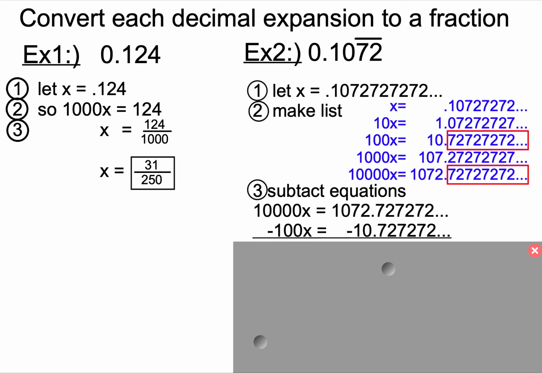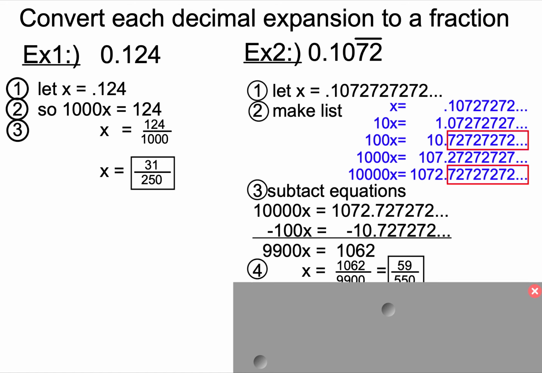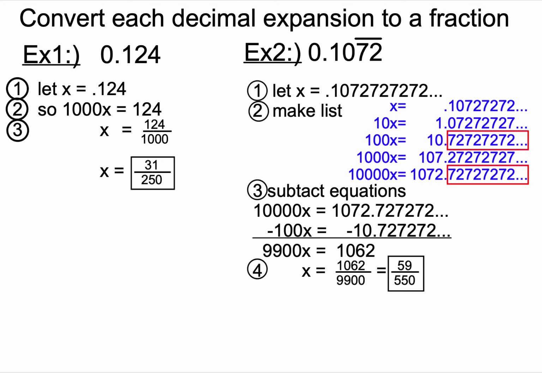I'm going to take 10,000x minus 100x, and that gives me 1,072.72 repeating, minus 10.72 repeating, and that gives me 9,900x equals 1062. I go ahead and divide both sides by 9,900, and I reduce, dividing top and bottom by 18 in this case, and I get 59/550.